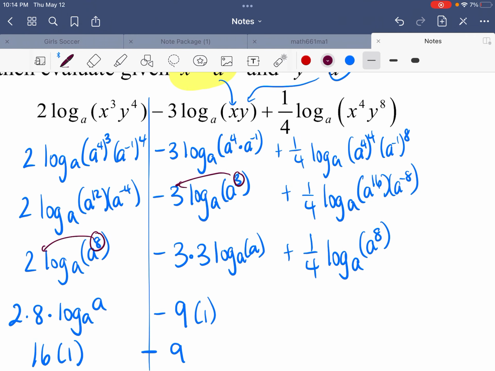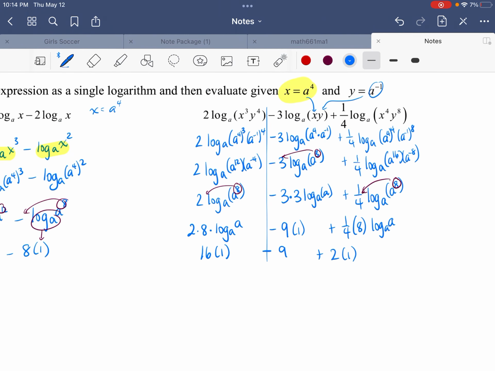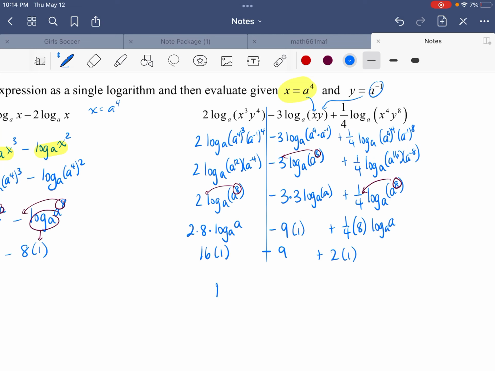Bring down your exponent. It's being multiplied, so multiply by 1/4. And so finally, 1/4 times 8 is plus 2 times 1. All right, so we've simplified each part, and you get 16 minus 9 plus 2 is going to be 9.